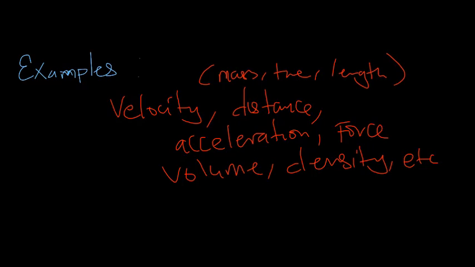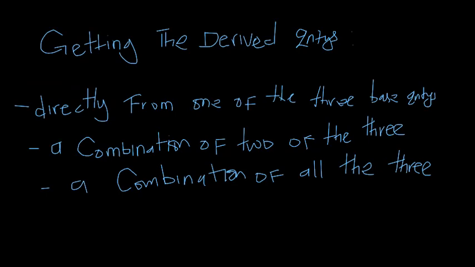So now I'm going to show you how we obtain these derived physical quantities from these three fundamental or basic quantities, which are mass, time, and length. So how do we derive these derived physical quantities? I have put up a set of rules that can guide us in deriving these derived physical quantities.